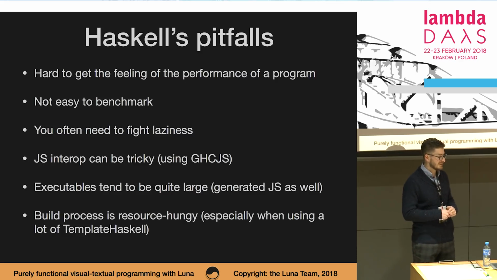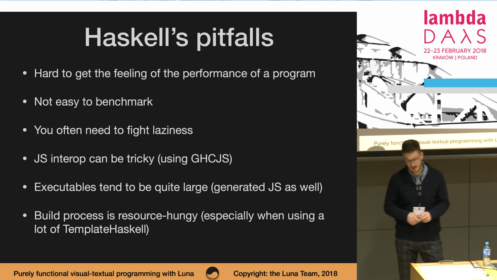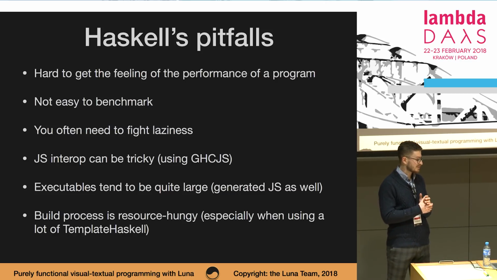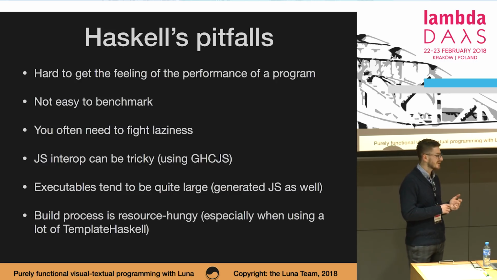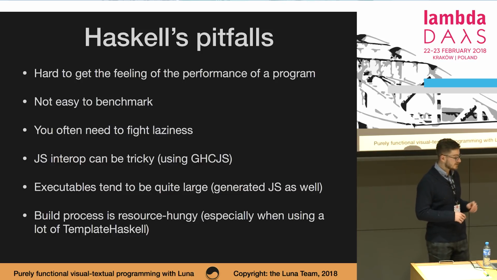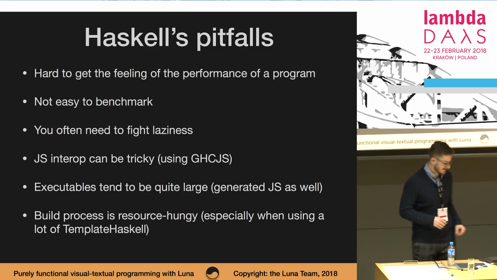So that's quite large. Also, when we are building our considerably sized Haskell code base, it consumes a lot of resources and a lot of time. Especially if you're keen on using Template Haskell, you get large compilation times and some surprises.